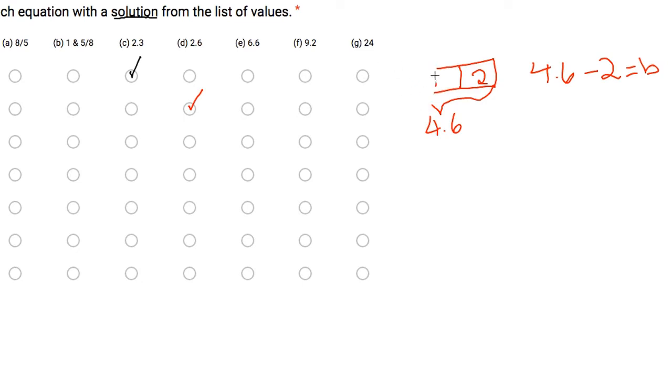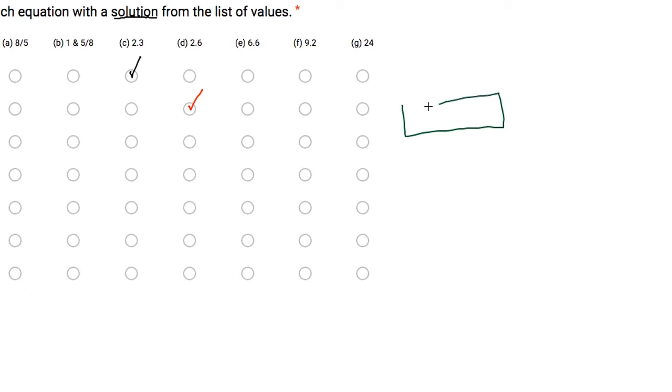So our third one is c divided by 2 equals 4.6. If we're going to draw a diagram for this one, we're doing division, so we're going to be dividing it into 2 pieces. But what we've got to realize is that we're doing c divided by 2, so that means our total here is going to be c, whereas we're dividing it into 2 pieces, and each piece is 4.6 in length.